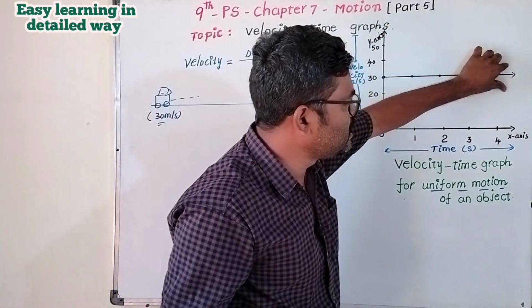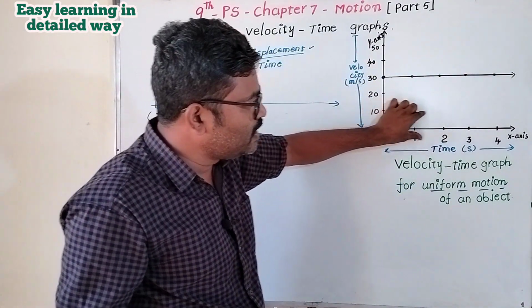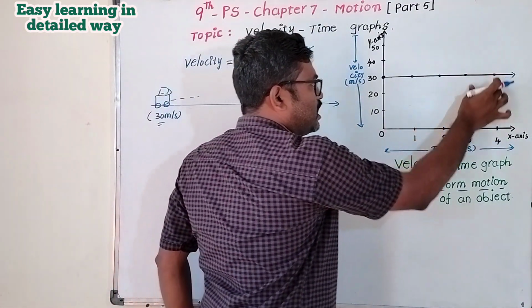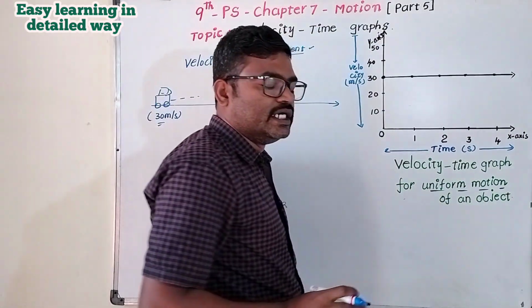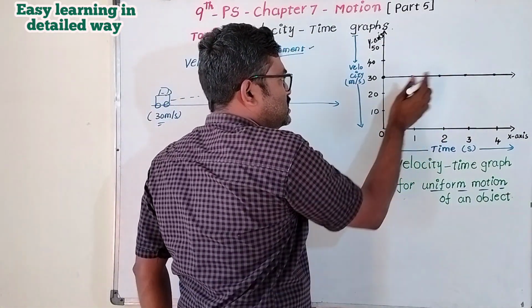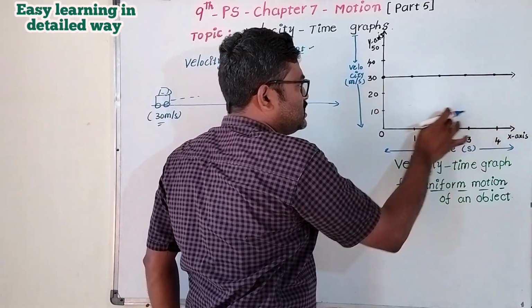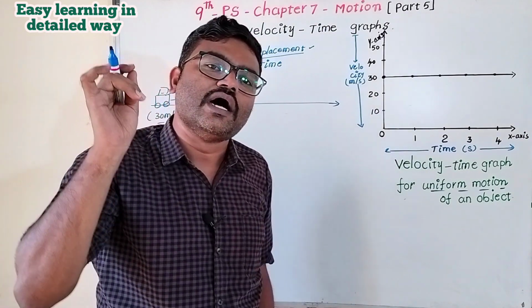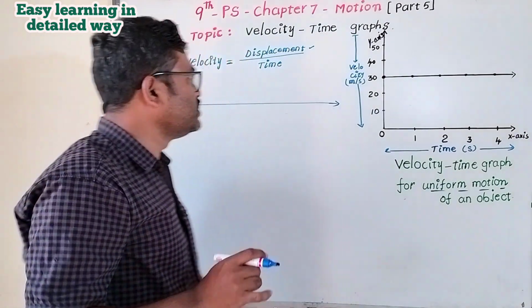The velocity time graph here is parallel to the x-axis. The height of this graph is constant. Under this there is some area enclosed. Ee particular area gives the displacement of the object.